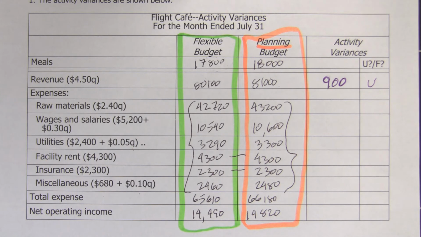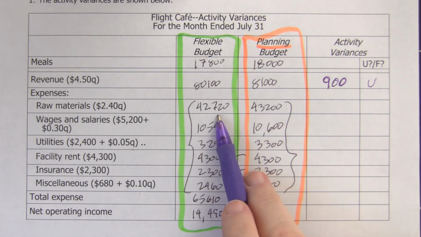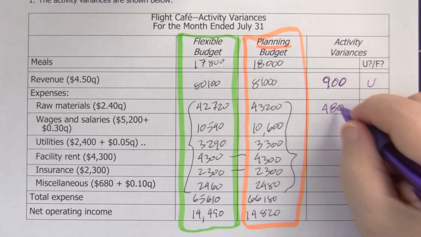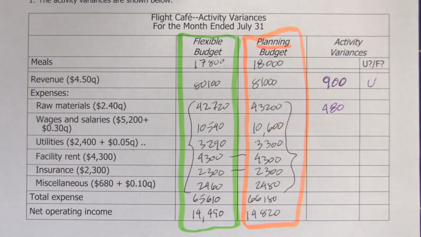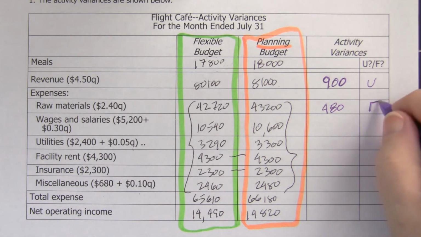Now, let's take a look at the expenses. We expected to spend $43,200. We actually spent $42,720. We spent $480 less. Same deal. Hey Mary, we spent $480 less. Is that going to make her happy or unhappy? That's going to be a favorable variance.